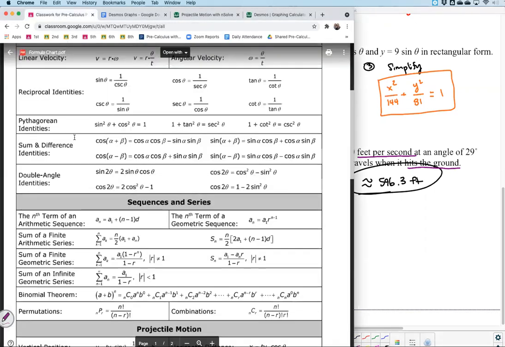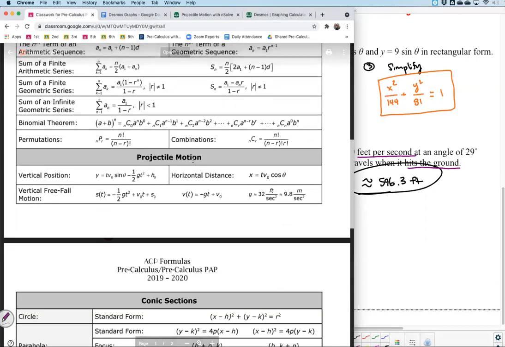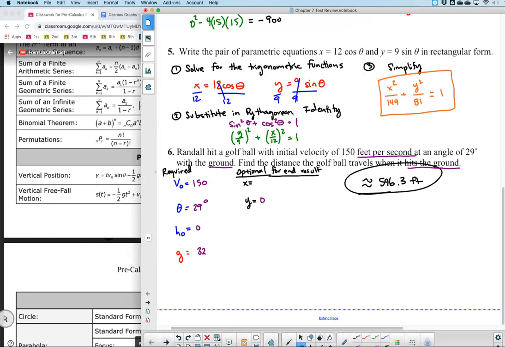Okay, let's say you want to do algebra. How would you do it? There are formulas on the formula chart for projectile motion, the vertical position and the horizontal. What I'm going to do is copy these down. So here's your formula. This is just a rundown of the algebra.